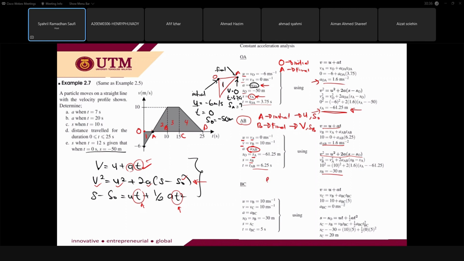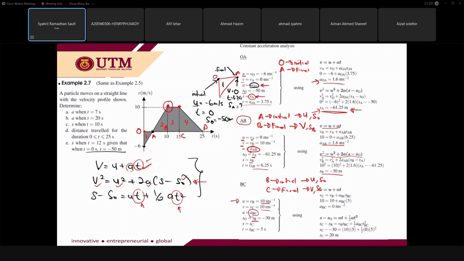So point B now becomes your initial, and point C becomes your final. Initial here is U, S0, and here will be V and SC. So you list all the parameters that you know. Initial VB is equal to 10, VC also 10 because it's a constant velocity, and the acceleration is unknown.